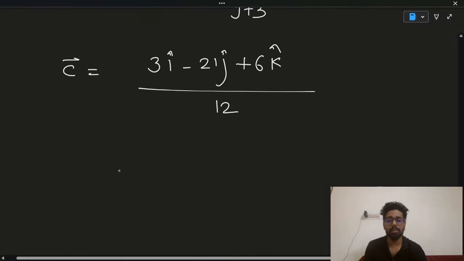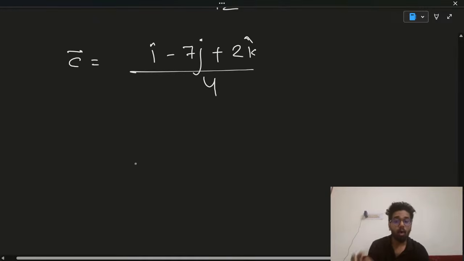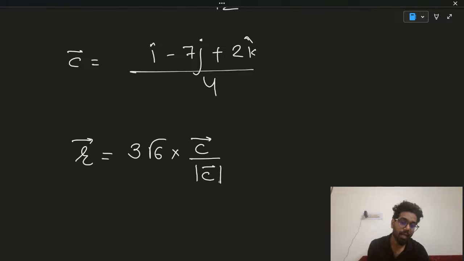If you solve this, you will have C vector equal to i cap minus 7j plus 2k cap, divided by 4, after dividing by 3. Now, if you want a vector of magnitude 3 root 6 along the C vector, all you have to do is multiply its magnitude with the unit vector of C. That's how you get a vector along the C vector.